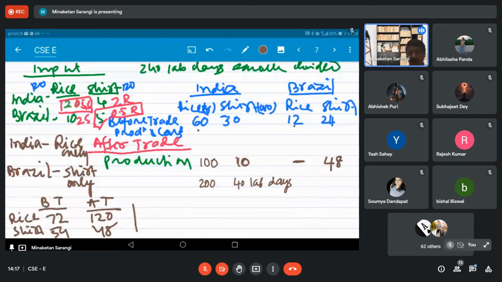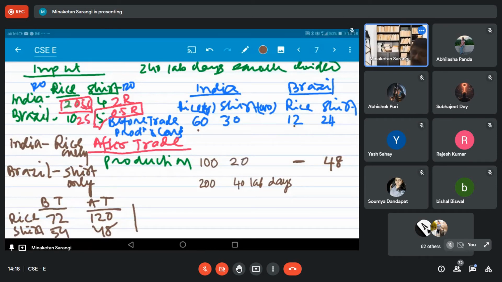So this is how partial specialization will work. You can also take that India produces more SAT, because if India is producing 100 kg of rice, this is again more than the total requirement of 72 kg of rice. You can assume India produces 20 units of SAT.